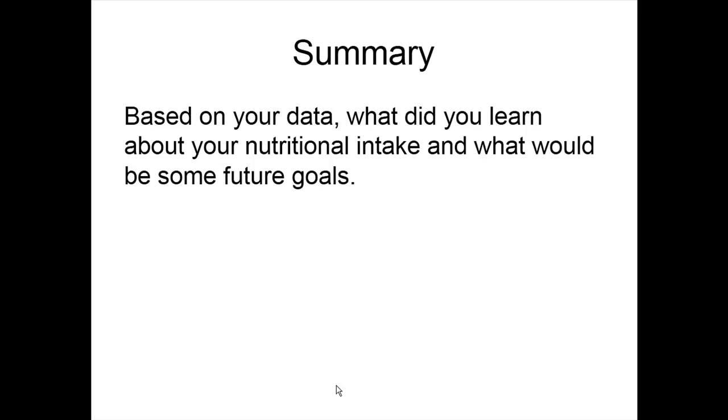And then your summary is basically just what did you learn? Do you need to increase your plant intake? Do you need to increase your vitamin D? Do you need to decrease your animal protein? What are some things you learned from the study?